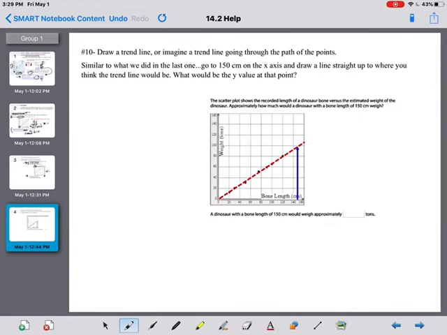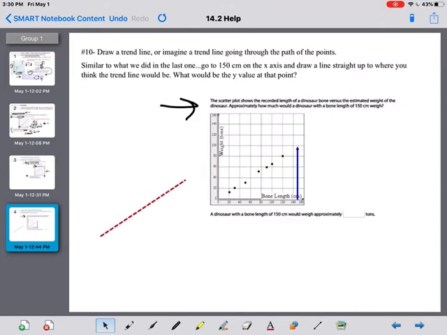Skipping to number 10, we want to do the same thing that we were just talking about. The problem here says the scatter plot shows the recorded length of a dinosaur bone versus the estimated weight of the dinosaur, and approximately how much would a dinosaur with a bone length of 150 centimeters weigh. One thing that makes this a little bit different, I'm going to see if I can take away this trend line.